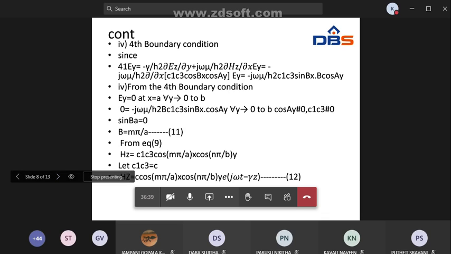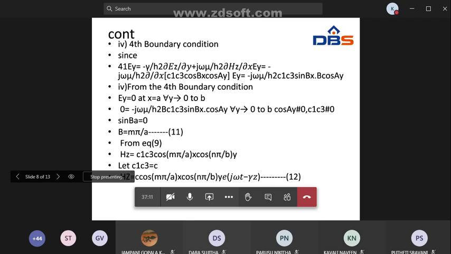Okay. So if you substitute the fourth boundary condition, Ey equal to 0 at x equal to 0 for all y changes from 0 to b. And we know the Ey equation, so it is minus gamma by h square dou Ez by dou y plus j omega mu by h square dou hz by dou x.